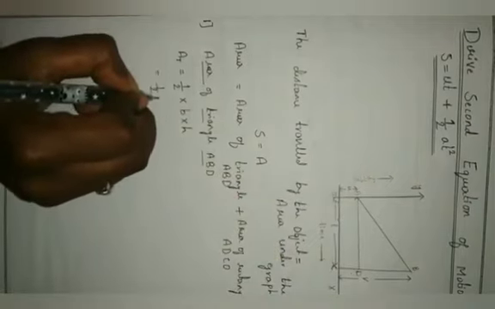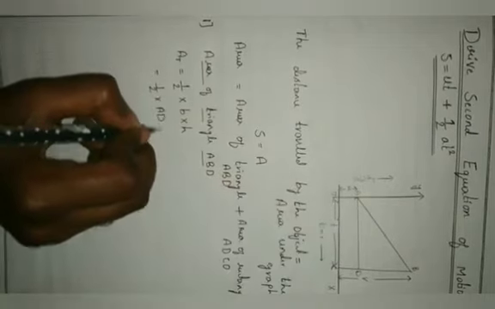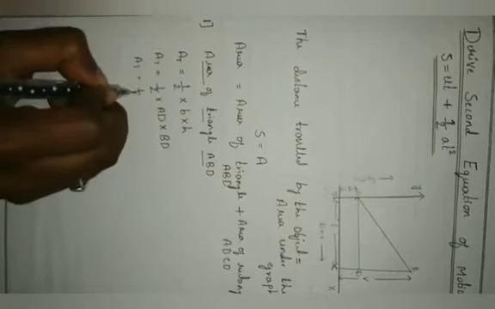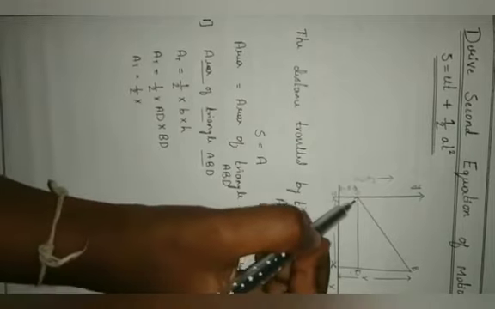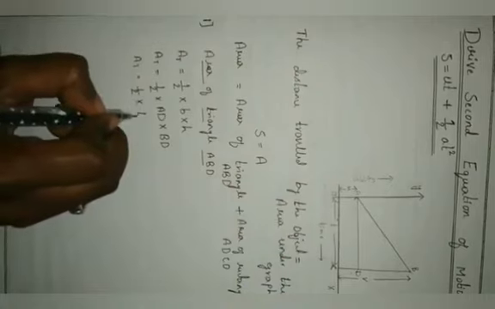Area of triangle is half into base AD into height. Height of the triangle is BD. Half into t, since AD is parallel to OC and the value of OC is t, into BD.